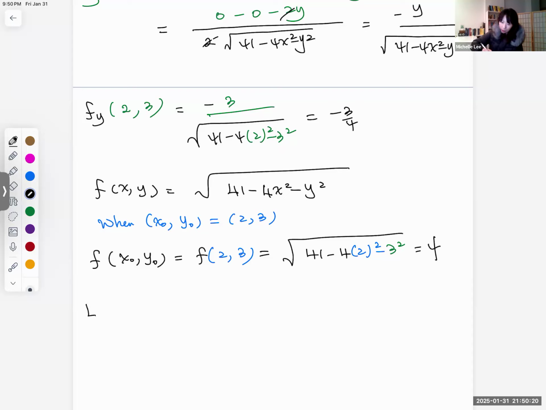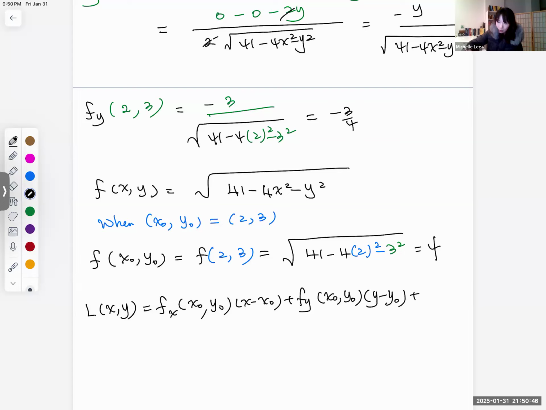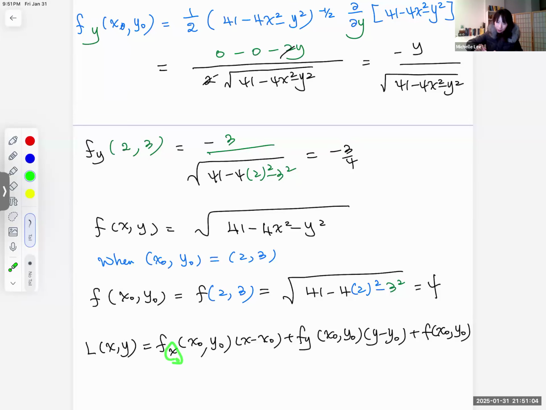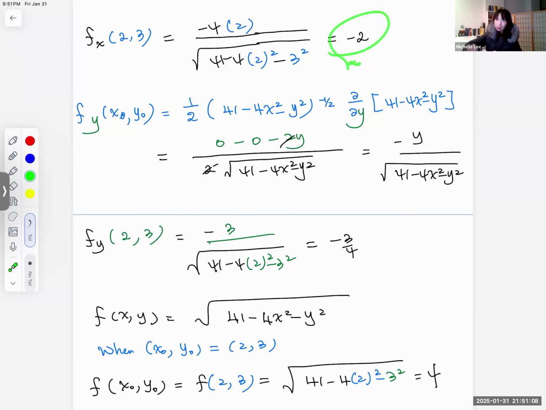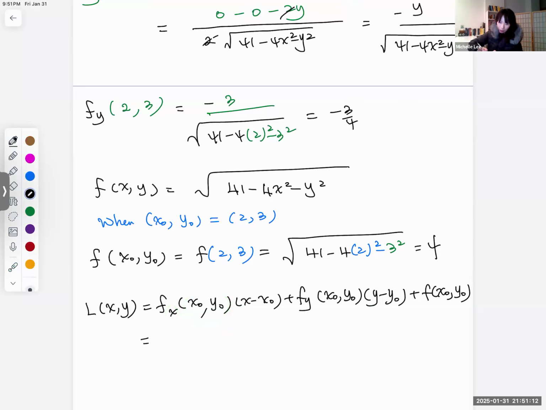So we use the linear approximation: the partial derivative with respect to x at x naught, y naught times x minus x naught, plus the partial derivative with respect to y at x naught, y naught times y minus y naught, and then plus the function value evaluation. The partial derivative with respect to x at x naught, y naught is negative 2, so negative 2 times x minus 2.